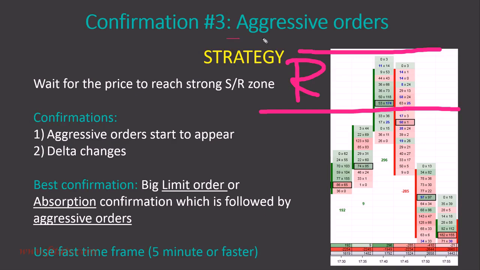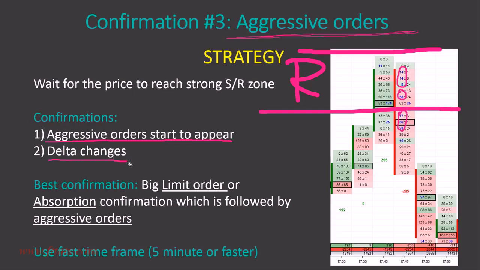You're looking for aggressive sellers. So the confirmation could be aggressive orders start to appear. In here, those imbalances, those are aggressive selling orders. When they start to appear, it's time to go short.